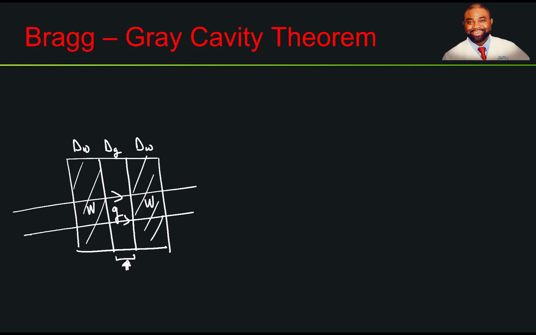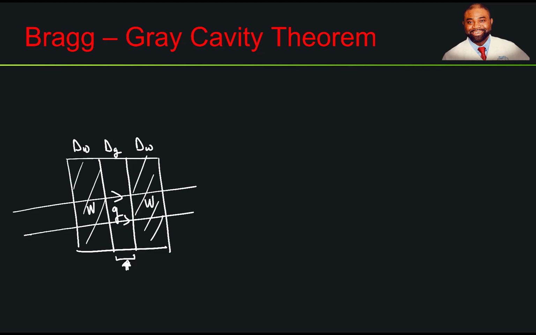Let me put it this way. Remember that for Bragg-Gray cavity theory to work, the partition G has to be thin enough, smaller than the range of the charged particles entering it.